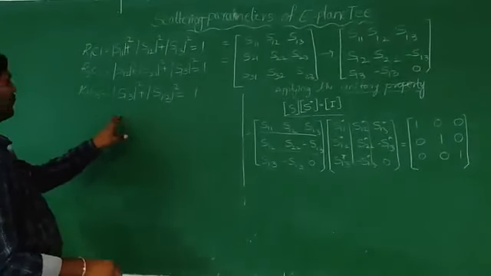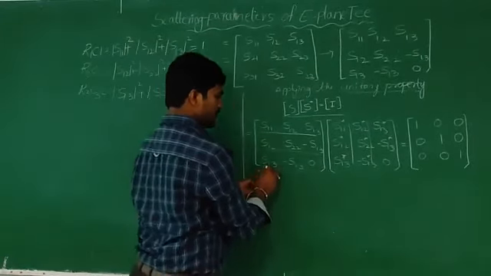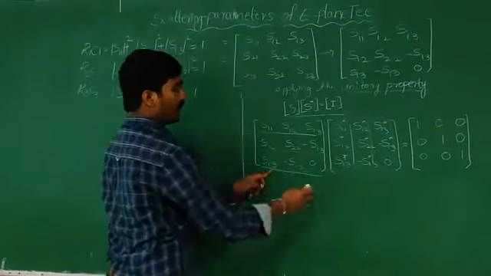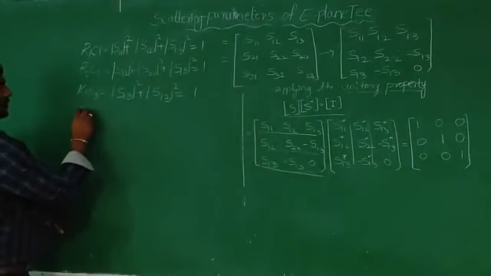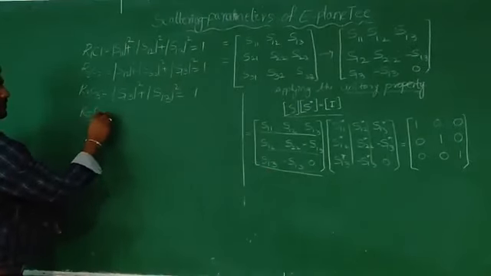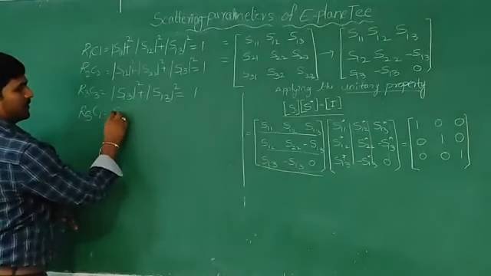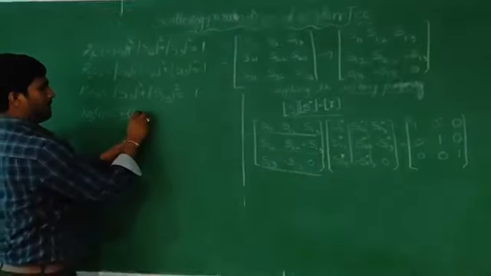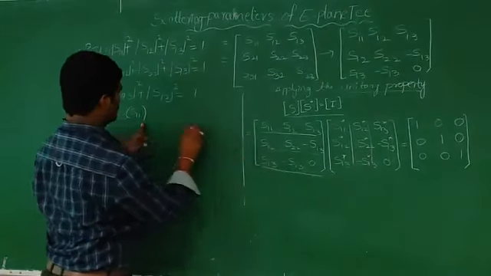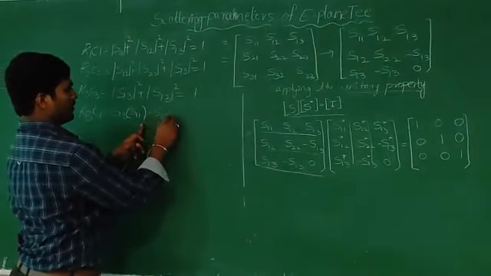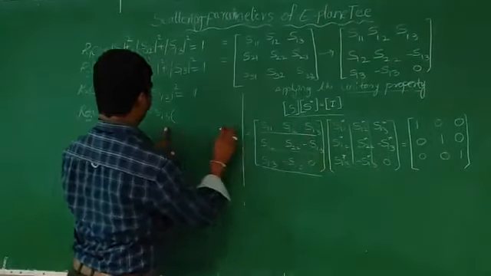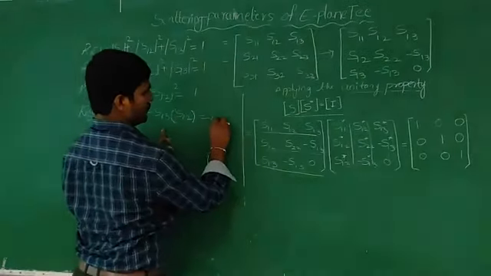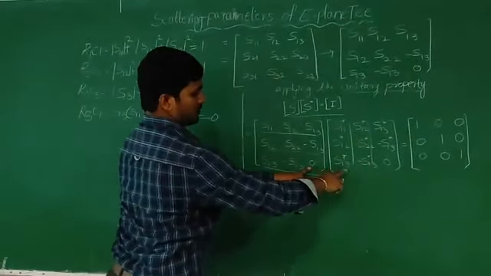Now we can take one more value, that is R3 C1, we can write as S13 of conjugate of S11 minus S13 of S12 equals to 0, because we can take S13 equals 0.